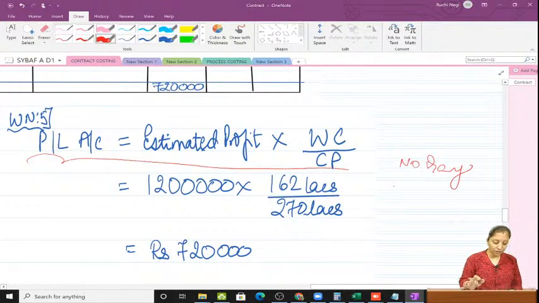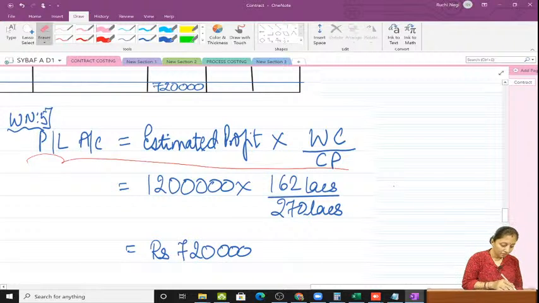Okay, no range calculation, no 2/3, no 1/3, nothing. You just have to apply this formula: estimated profit upon work certified into work certified upon contract price. That's it. So this is what you are going to apply, and your numerator and denominator will change as per the question requirement also. That is also again an important highlight.